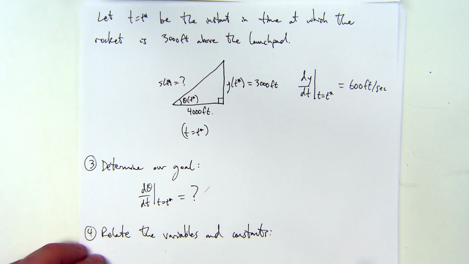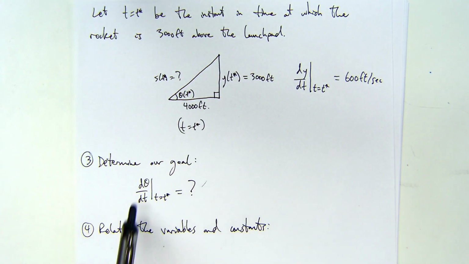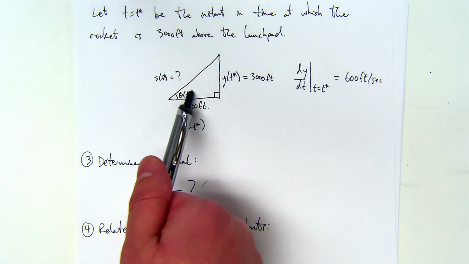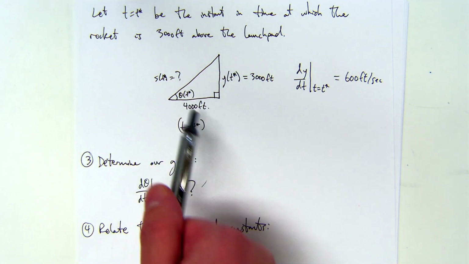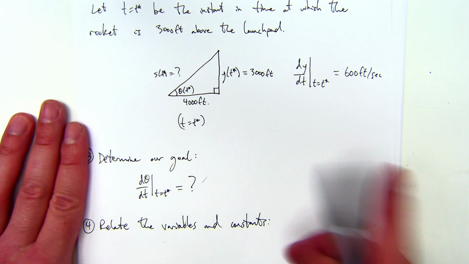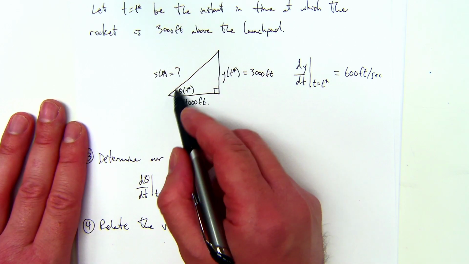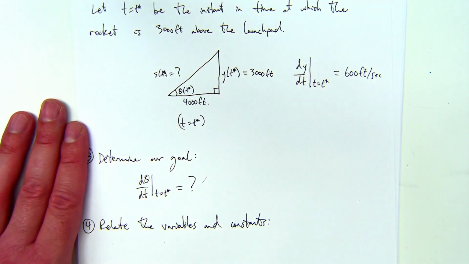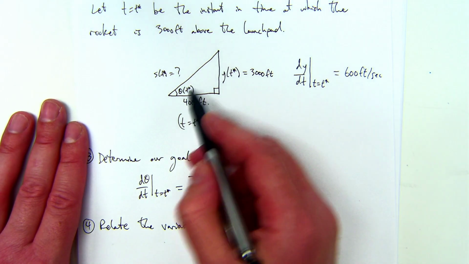All right. And so we're going to need to relate theta. In order to find d theta dt, we're going to need to relate theta to the other quantities within our diagram. And so what can we do? We need to perhaps use some sort of trigonometric function to relate this to the size of this triangle. And there are multiple trig functions for us to consider.